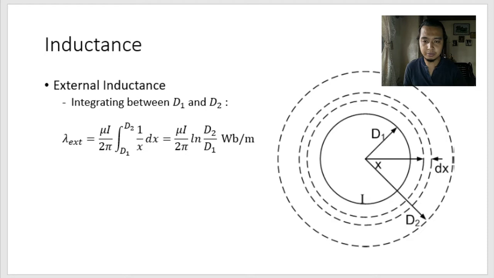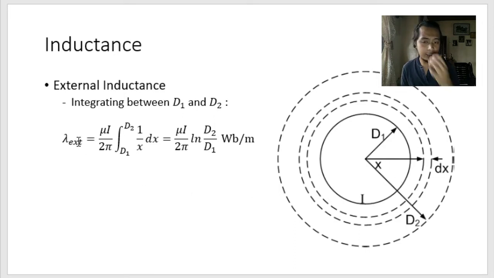Now, if you integrate between these 2 points, between D2 to D1, take note, again, the reason why it's between D2 to D1 is you want to get the area outside the conductor. So, kinukuha natin itong area na to, outside the conductor.